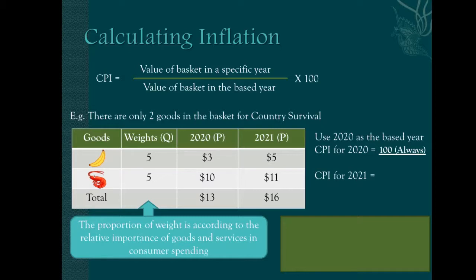The working over there is correct, and at the end you should be able to find the number 123. If you also count 2 decimal places, that will be 123.08, and that is the CPI for 2021.